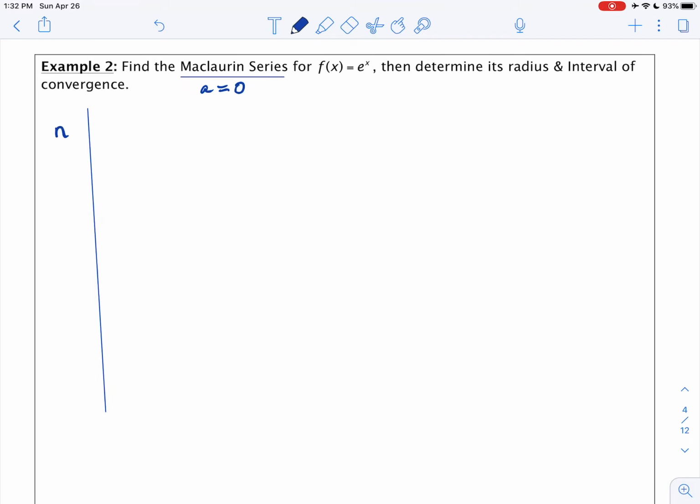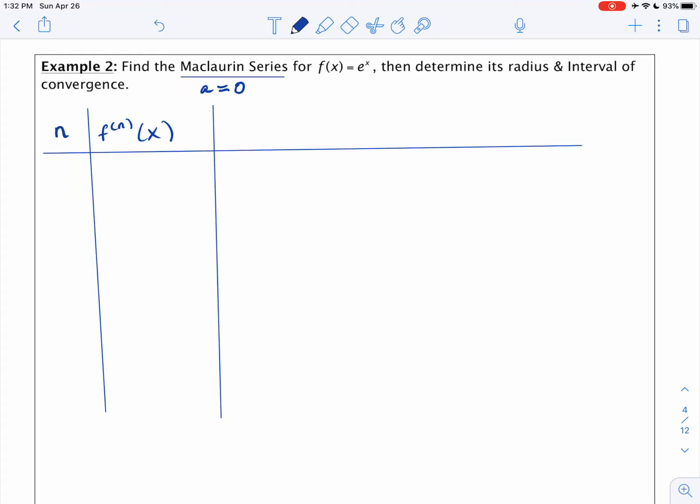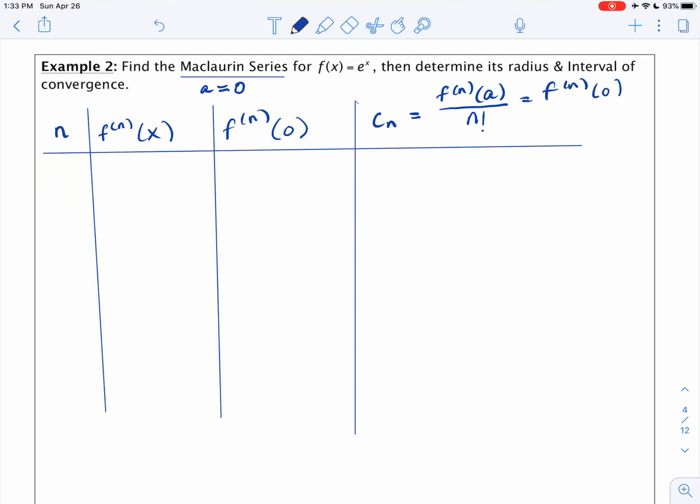So we're going to build a table here of n values, followed by the nth derivative of f of x, followed by the nth derivative evaluated at a, and here a is equal to 0, and then we will come up with a value for each of the Taylor coefficients, and c sub n is the nth derivative evaluated at a over n factorial.